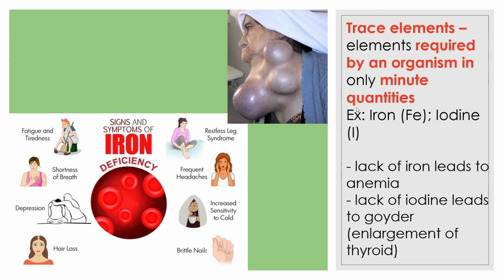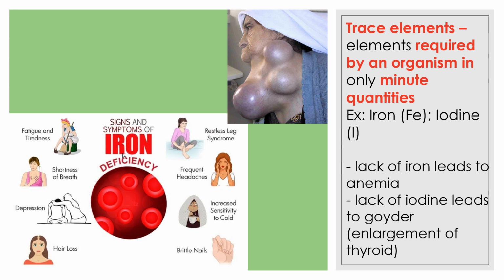Goiters develop from lack of iodine. When you buy salt at the grocery store, it says iodized salt because it has iodine in it. Most developed countries do not have an iodine deficiency, so goiters are not very common. However, in developing countries, access to iodized salt is not always there, so oftentimes goiters become a problem.